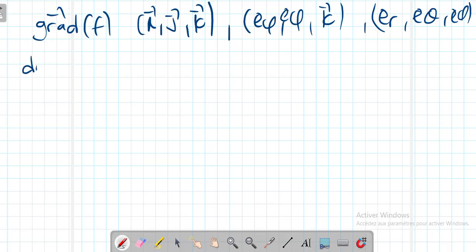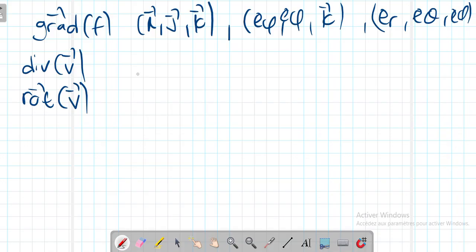Same with the divergence of a vector, and same with the rotational, the curl, of a vector. So we're going to start with the gradient. We defined the gradient as the steepness.